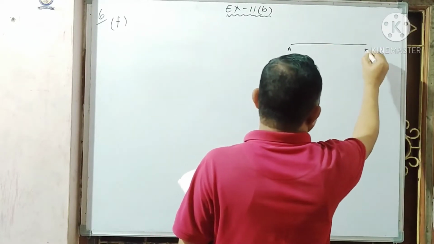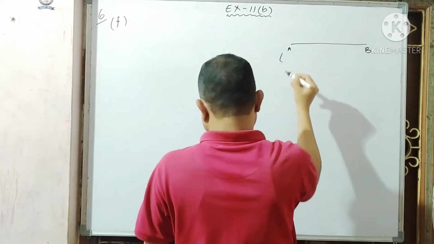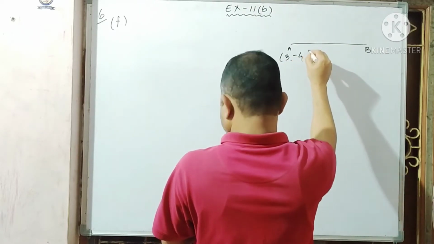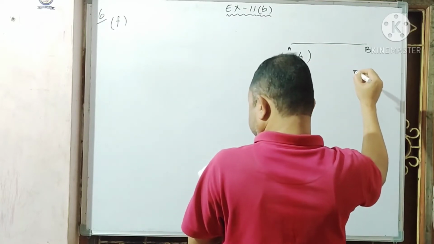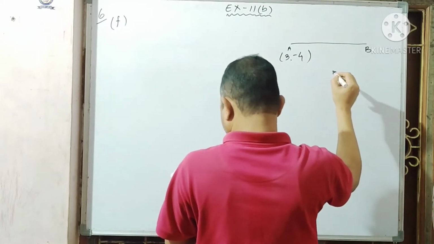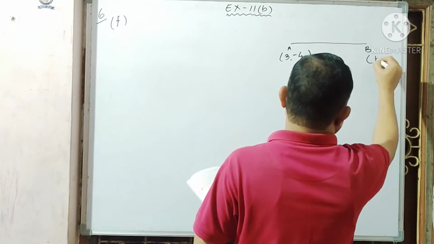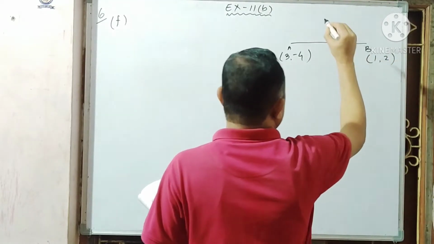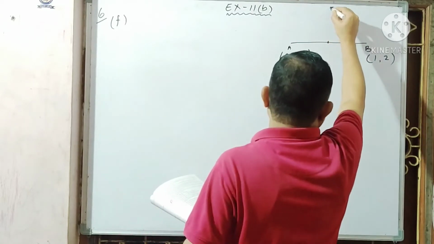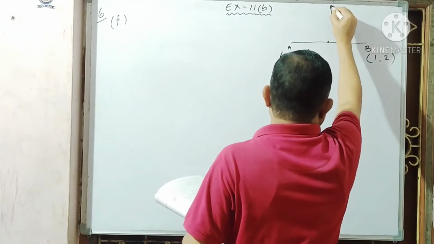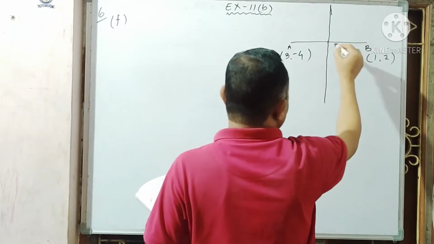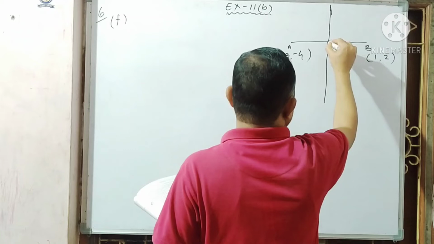A and B are 2 points whose coordinates are 3, minus 4 and 1, 2. Now we have to find out the equation of the straight line which is bisecting the line segment AB at right angles.